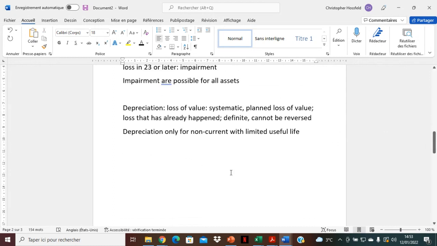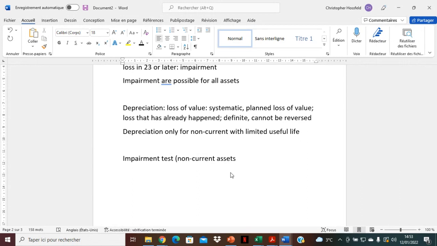So in order to know if I need to do an impairment or not, I need to do an impairment test. So here's something about vocabulary. Usually I talk about an impairment test only when we talk about impairments for non-current assets. Okay, so in terms of terminology.